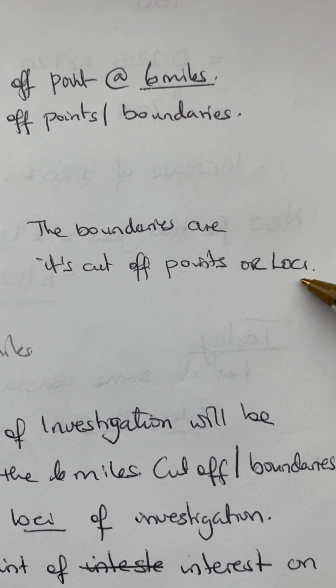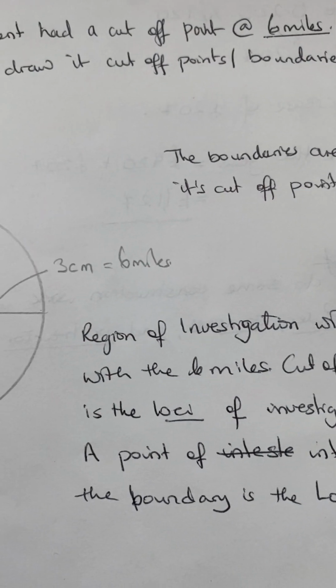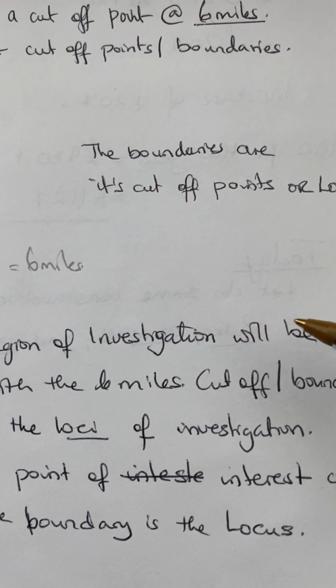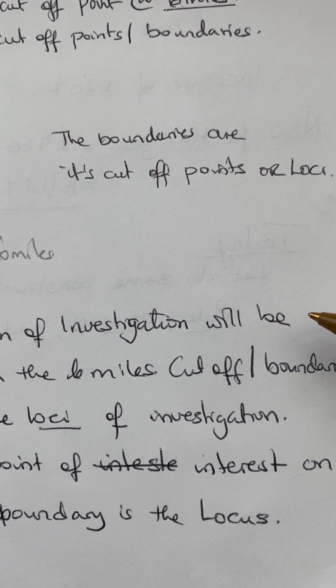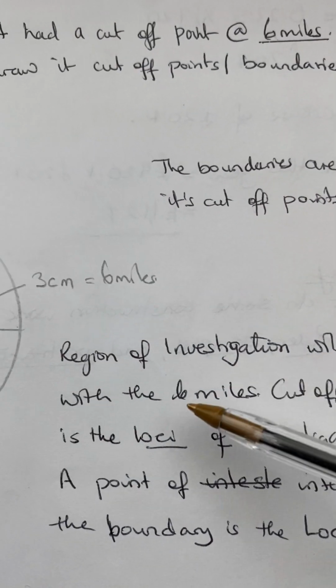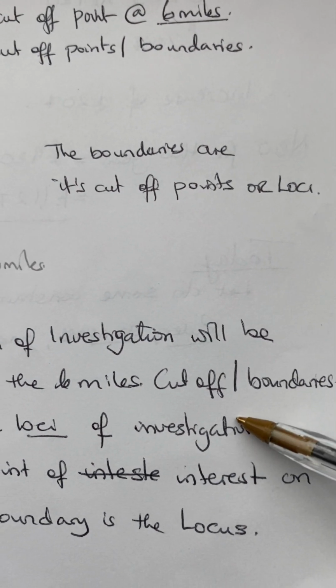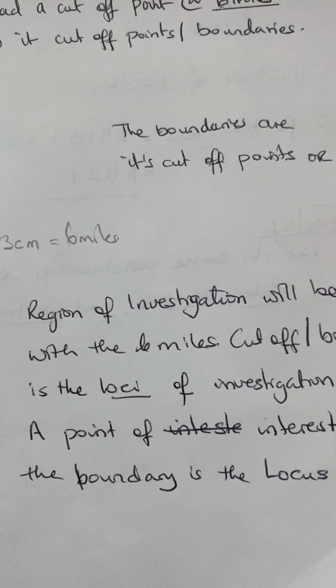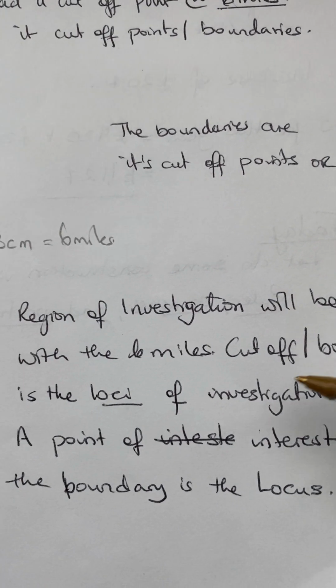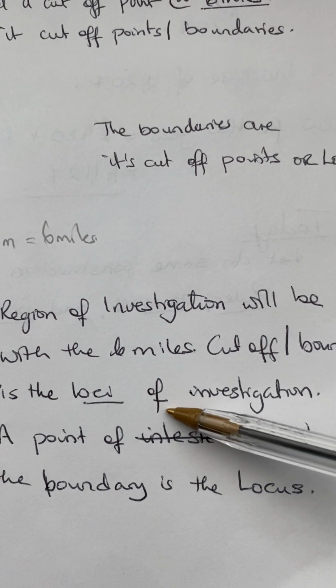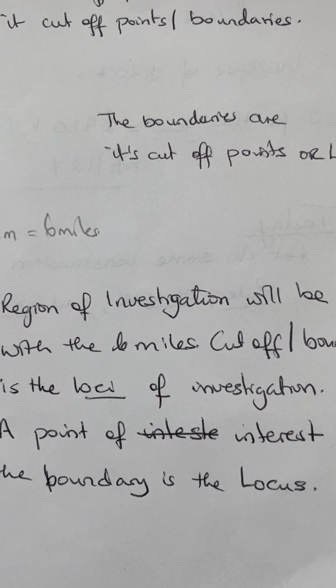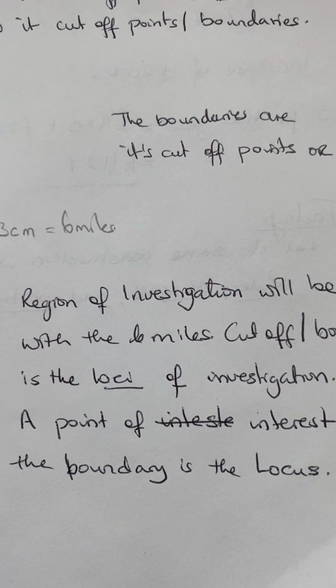That was what we did last lesson. The region of investigation will be within the 6 miles cutoff and boundaries, and that is the loci of investigation, which I've just explained.